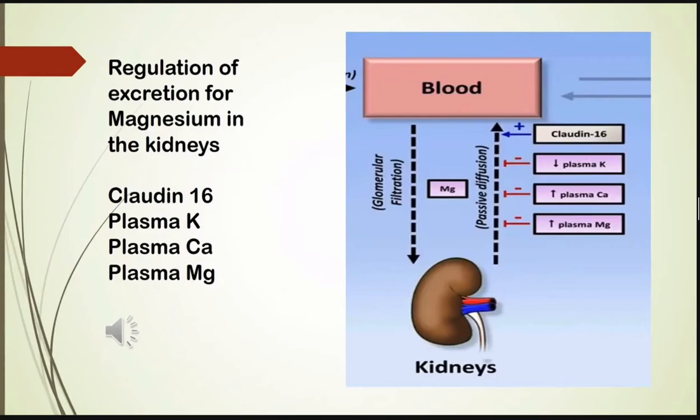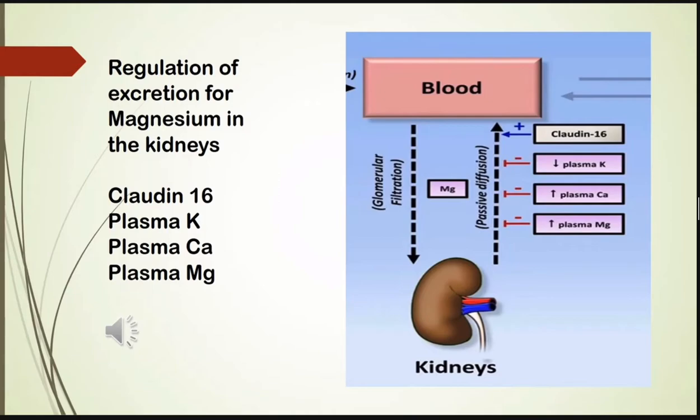The following are the four factors by which the levels of magnesium are controlled in the blood. These are Claudin 16, plasma potassium concentration, plasma calcium concentration, as well as plasma magnesium concentration. If you have increased levels of Claudin 16, there is reabsorption of magnesium, thus increasing the levels of magnesium in the blood.